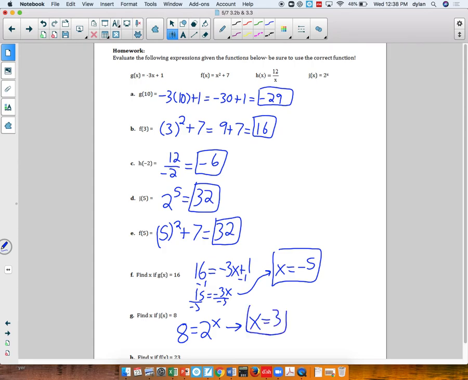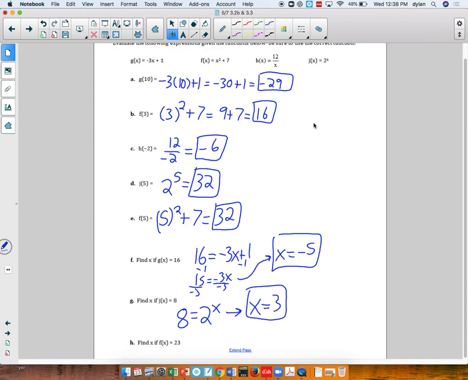And then finally, find x if f of x equals 23. For this problem, I can plug in 23. So I'm going to say 23 equals x squared plus 7.